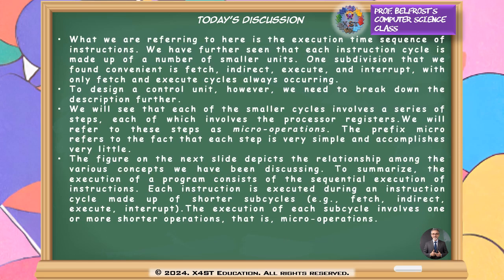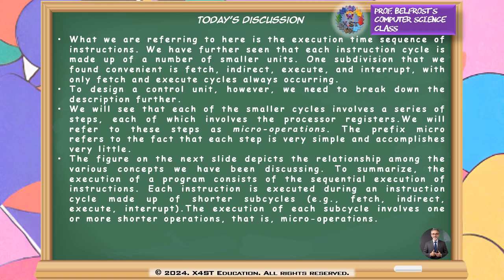What we are referring to here is the execution time sequence of instructions. Each instruction cycle is made up of a number of smaller units. One convenient subdivision is fetch, indirect, execute, and interrupt, with only the fetch and execute cycles always occurring each time.